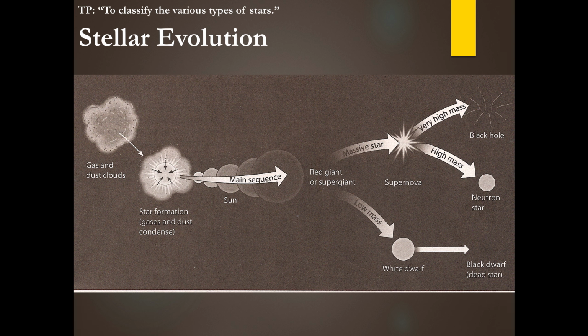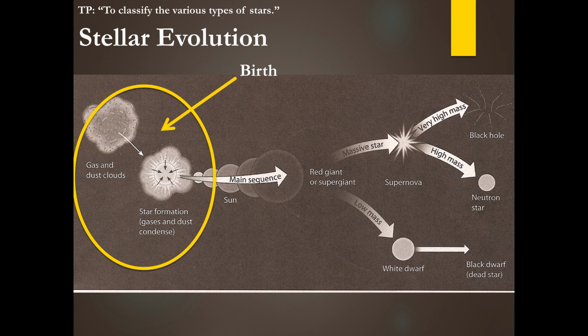Stellar evolution. We have the birth of the star right at the very beginning. We have what we call a nebula: gas and dust clouds together. Eventually, they would be under gravitational contraction. It comes together. So in star formation, gases and dust would condense. Look at all the arrows going in.